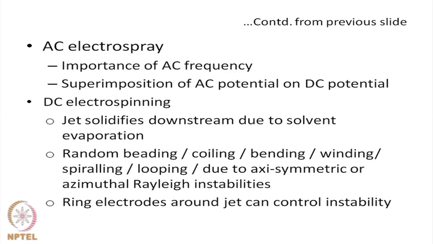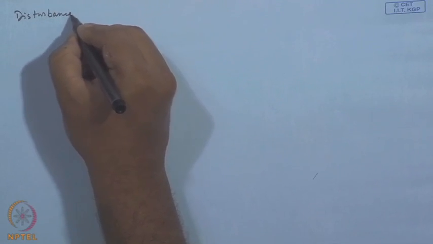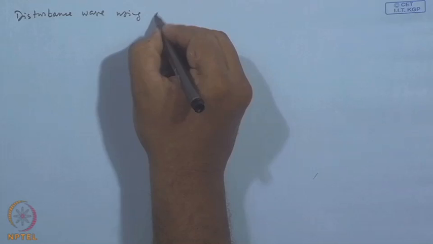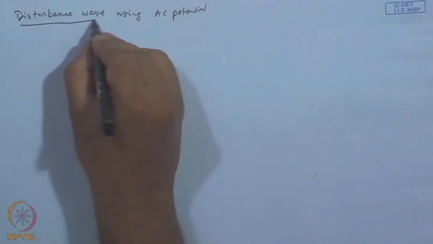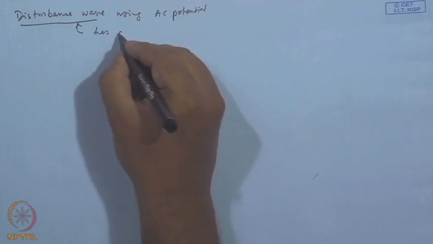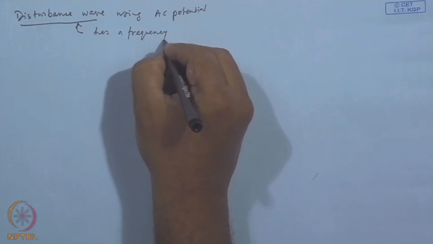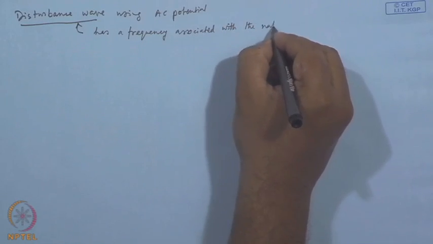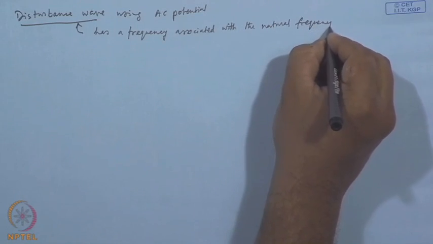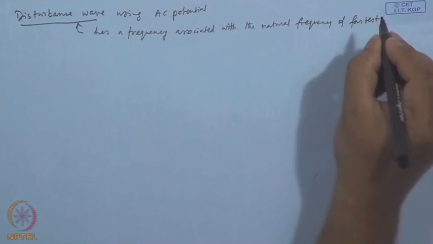What this is talking about is that one can have a so-called disturbance wave, using AC potential, where this disturbance wave has a frequency associated with the natural frequency of fastest growing instability.